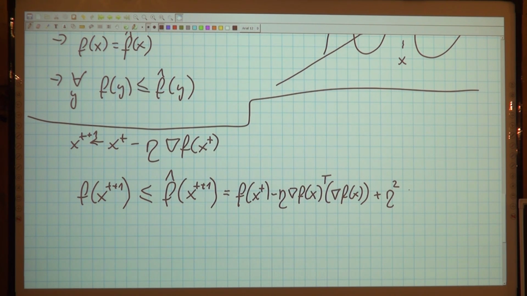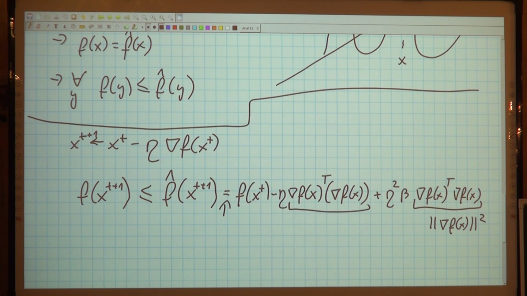Am I doing it right? Oh yeah, of course it's good. Yes, beta, and here I again have this term, the gradient times the gradient. Okay, so this is what I get. This is exact, this is an equality. So what is this? This is just the norm of the gradient squared, and the same goes for this.